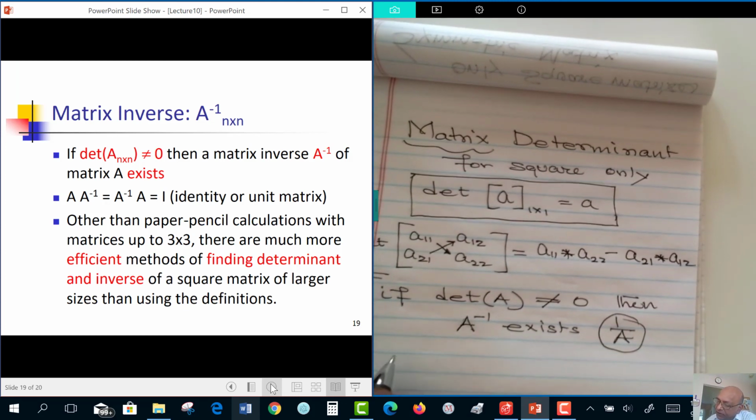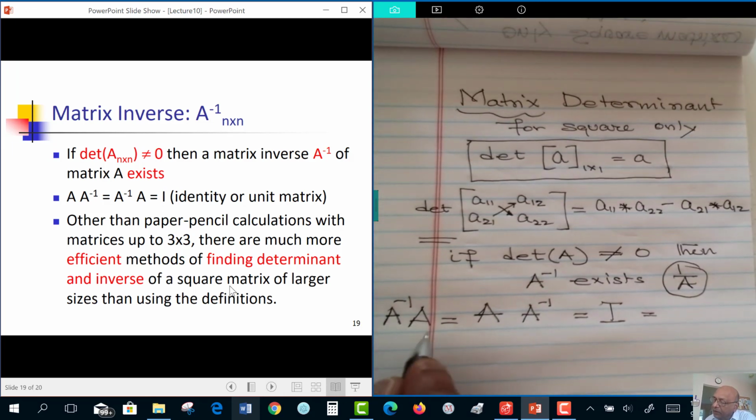So what are the properties of this A inverse? If we take A and multiply it by A inverse, post multiply, we'll get matrix I, the identity matrix. It doesn't matter whether we post multiply or pre multiply. Both result in the same I matrix.